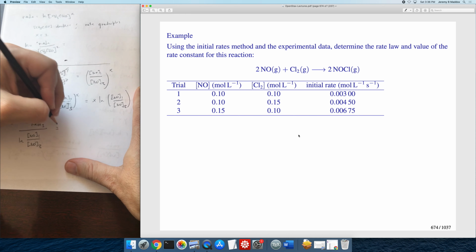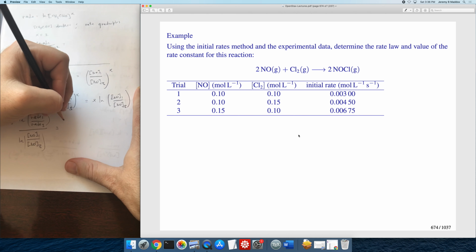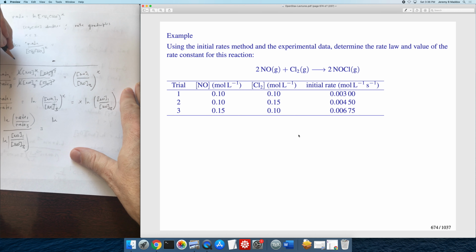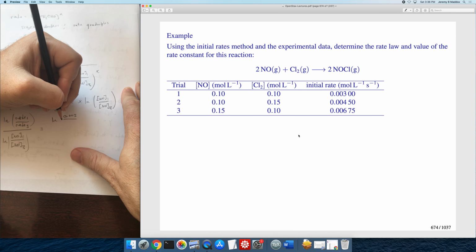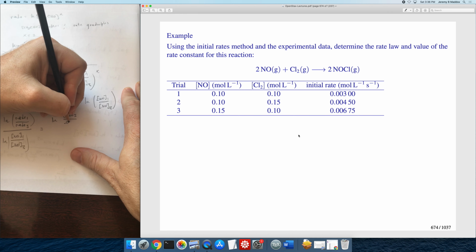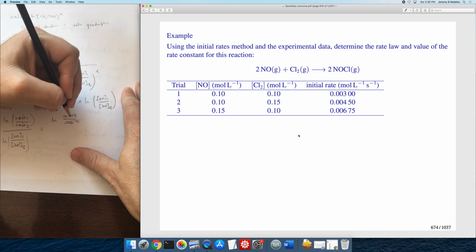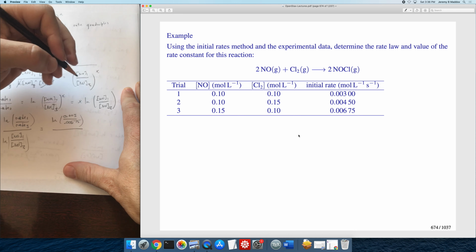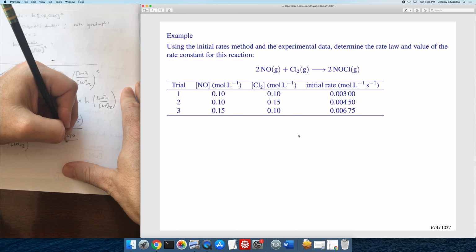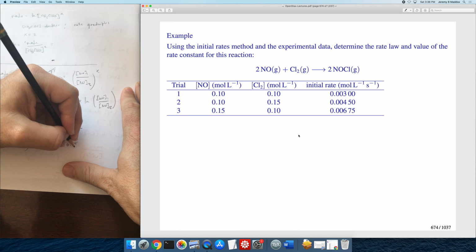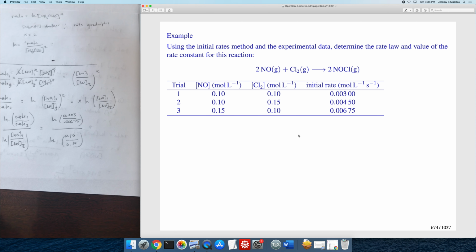Now we can plug in the numbers. So natural log of the first rate, 0.003 over 0.00675, over natural log of 0.10 divided by 0.15. We'll do the numerator and the denominator separately.